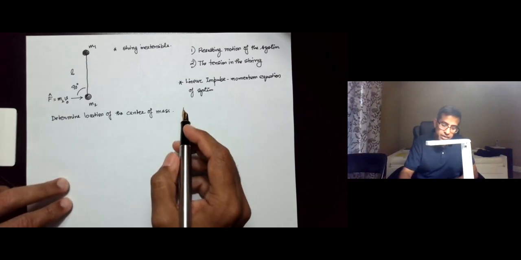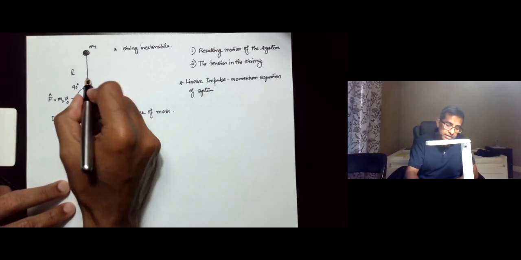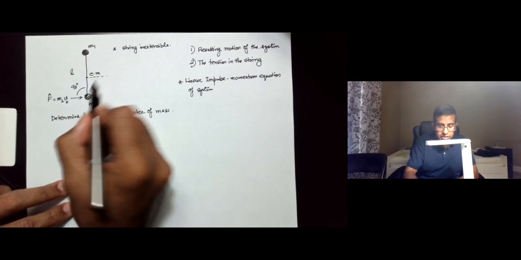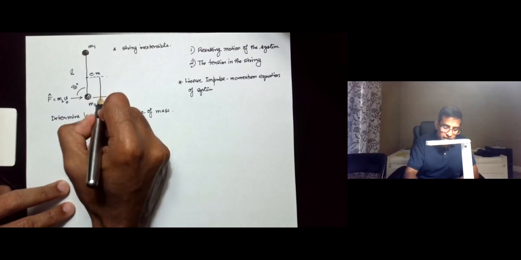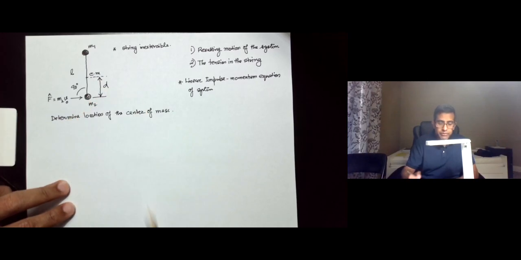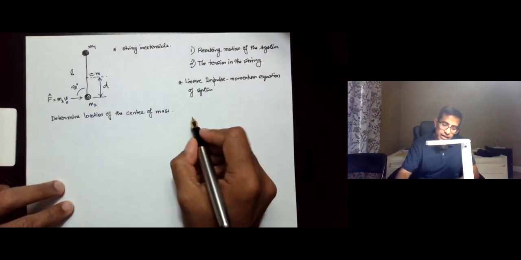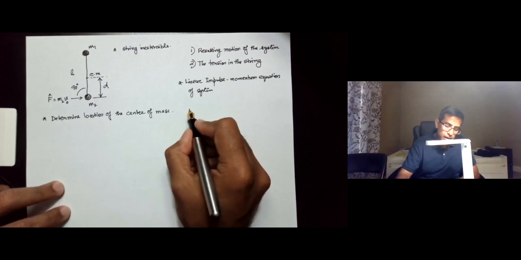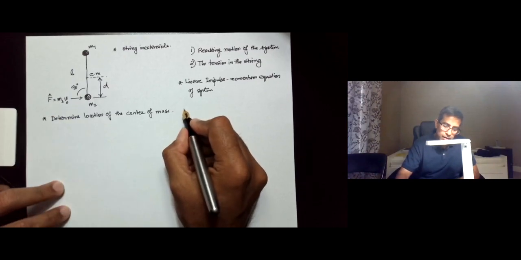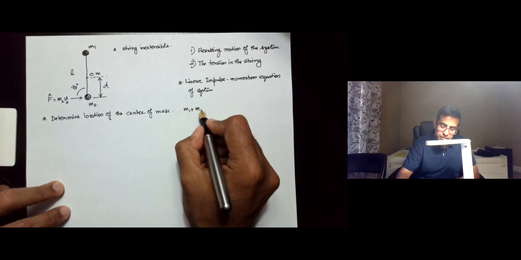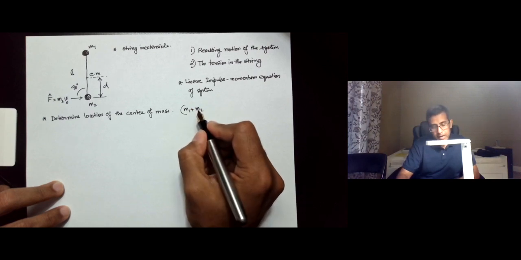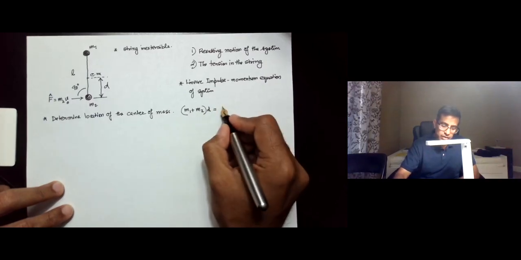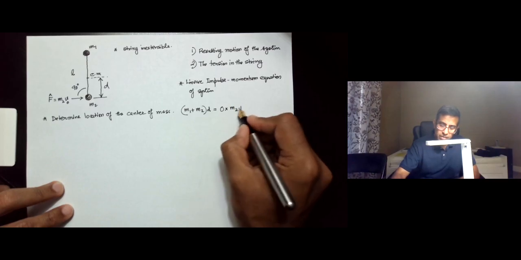So first we want to determine the location of the center of mass. Now let's say that the center of mass is somewhere here. We do not know the exact location, but let's say it is at a distance of d from M2. Then we can say that M1 plus M2 times d is equal to 0 times M2 plus L times M1.